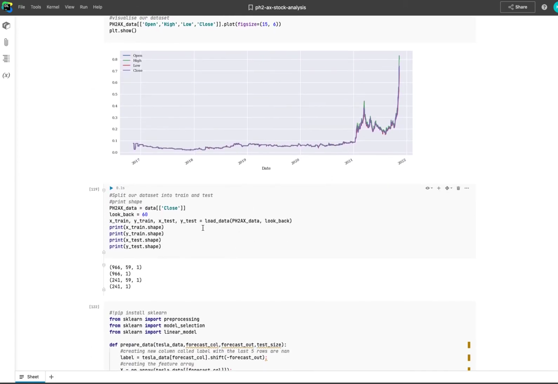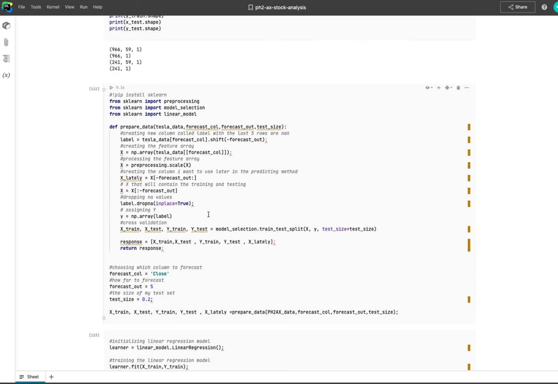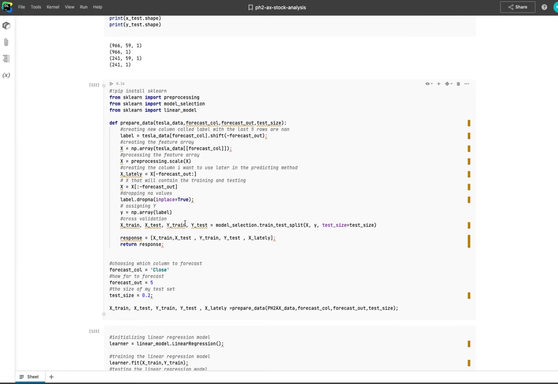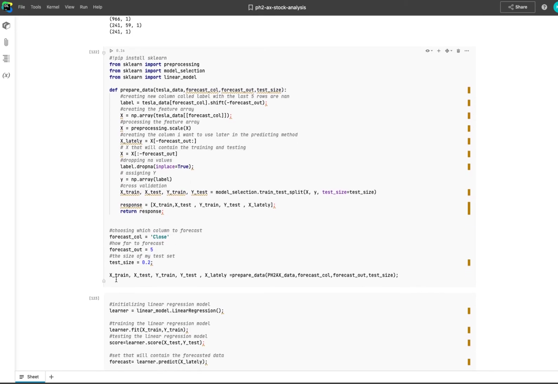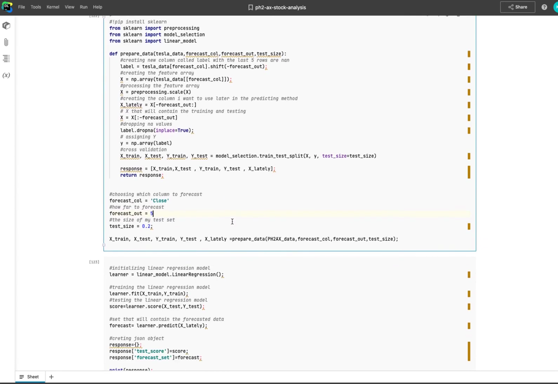Then I went ahead and split the data, and I'm using the sklearn package, which has linear models that we can create from it. So this is just a function that defines how we're going to prepare that data and then feed it to the model. And we're looking at a 5-day focus.